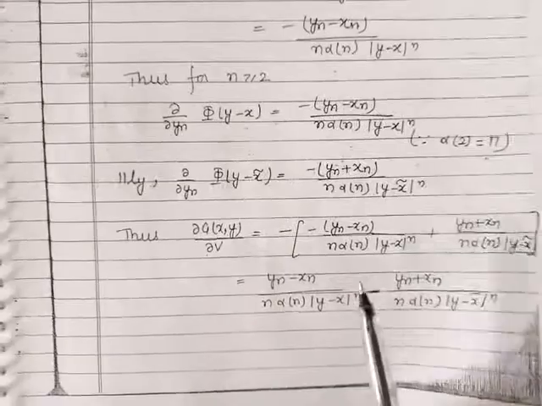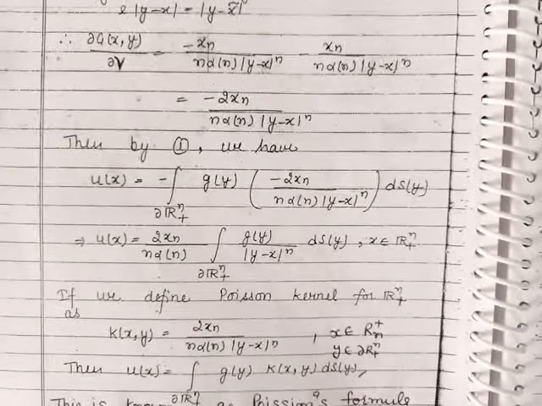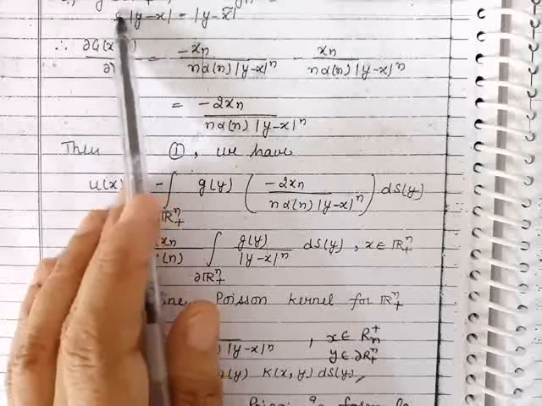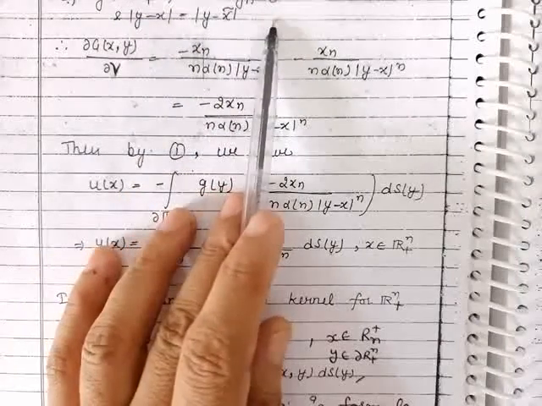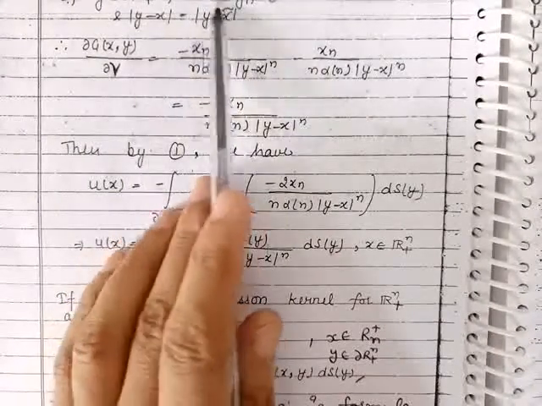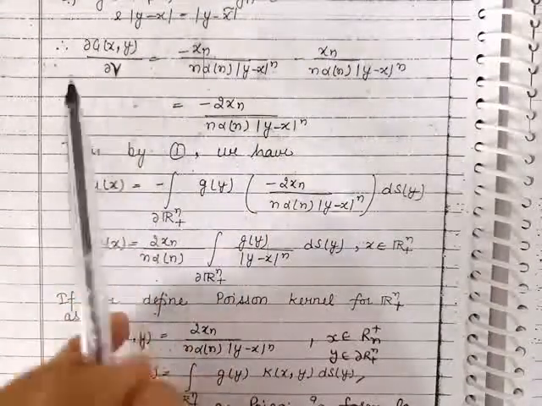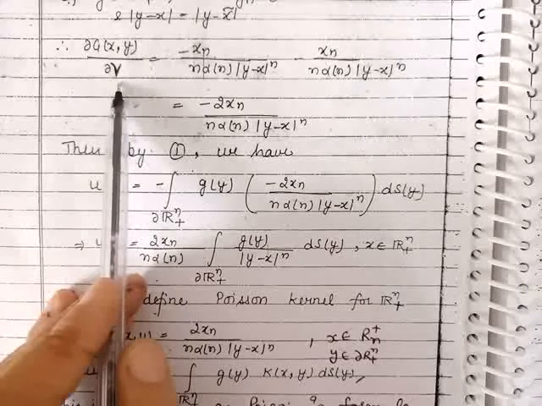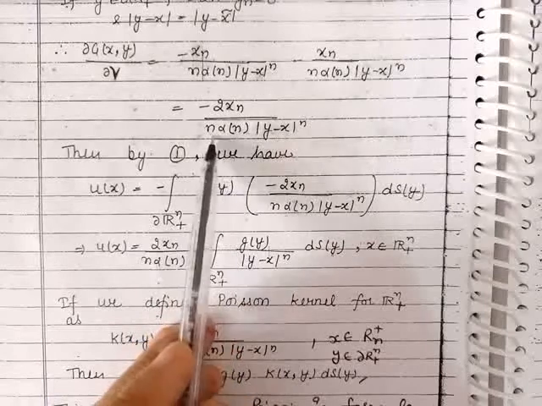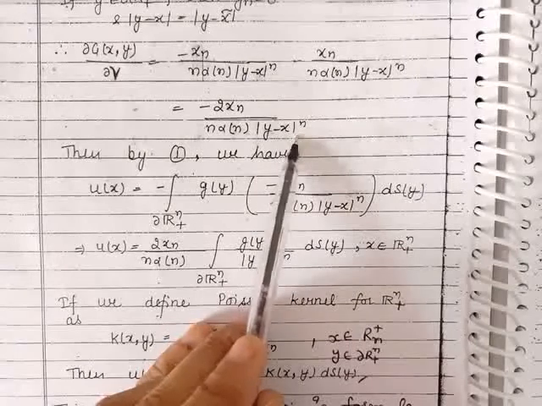Now, because |y minus x| and |y minus x bar| are the same for y belonging to the boundary, since in this case the nth coordinate is 0, we can substitute |y minus x| in place of this term in ∂g/∂ν. So we get the value of ∂g/∂ν, which is given by minus 2 times xn upon n alpha n |y minus x| raised to the power n.